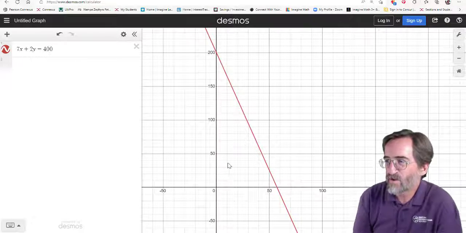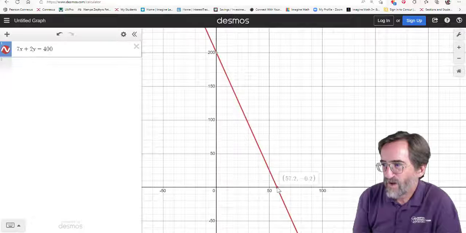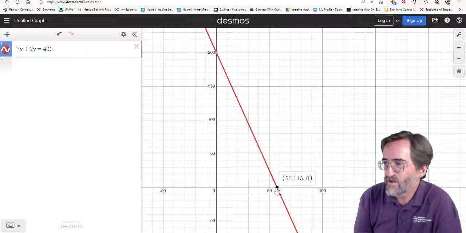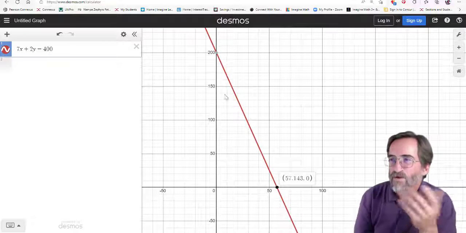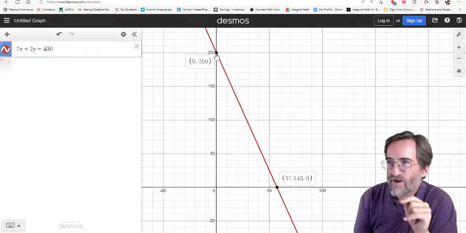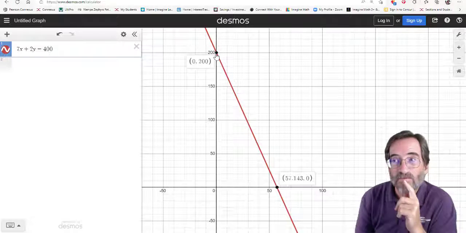We can fiddle with our settings here. So 200 seems to be the number of adult tickets here, and about 57.143, so 57 child tickets. Okay, and so here's what this tells me. If I have 0 children and 200 adults, I'll make $400.